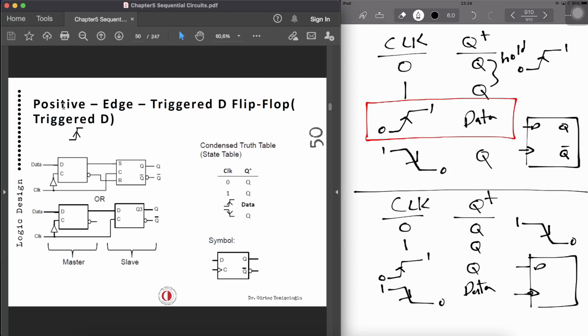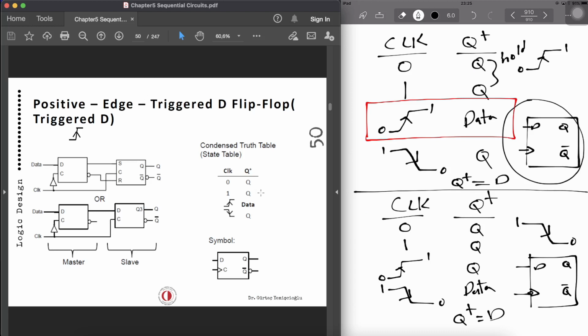It just means that the triggering works with the falling edge, or negative edge. So that's the only difference, but we'll use the symbol a lot. So what we need to know is that output Q next equals D on the rising edge or on the falling edge, but only on the edges. That's what we need to know.